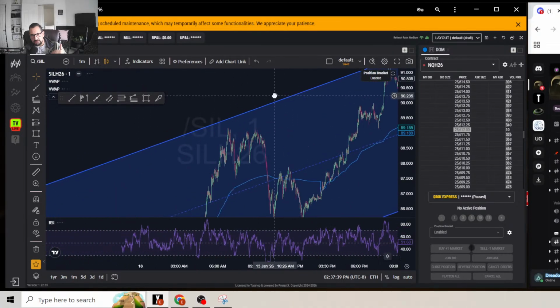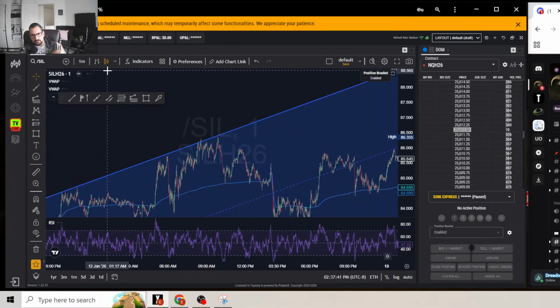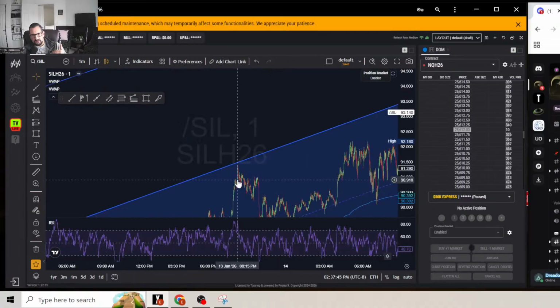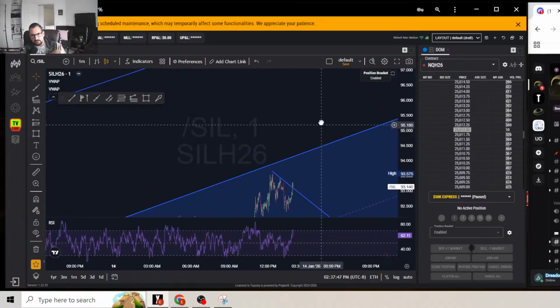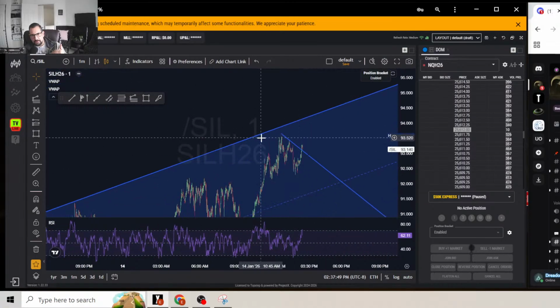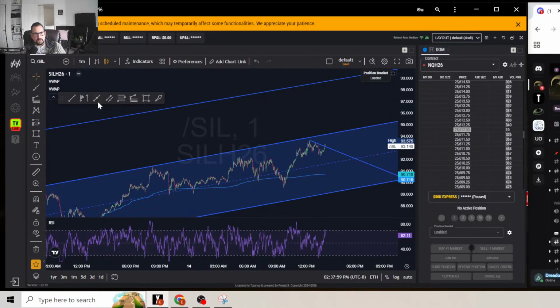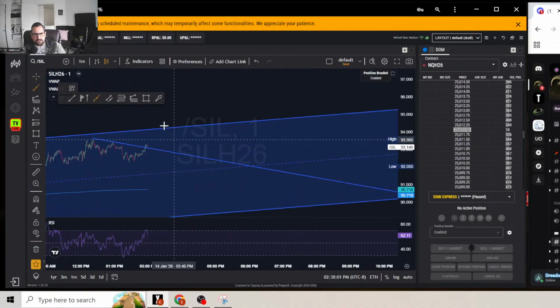Let's make sure we drew our channel. So this is the high of the channel, right up here, and I'm going to look for divergence right up here. This looks like a good short area on silver, the 94-ish area.